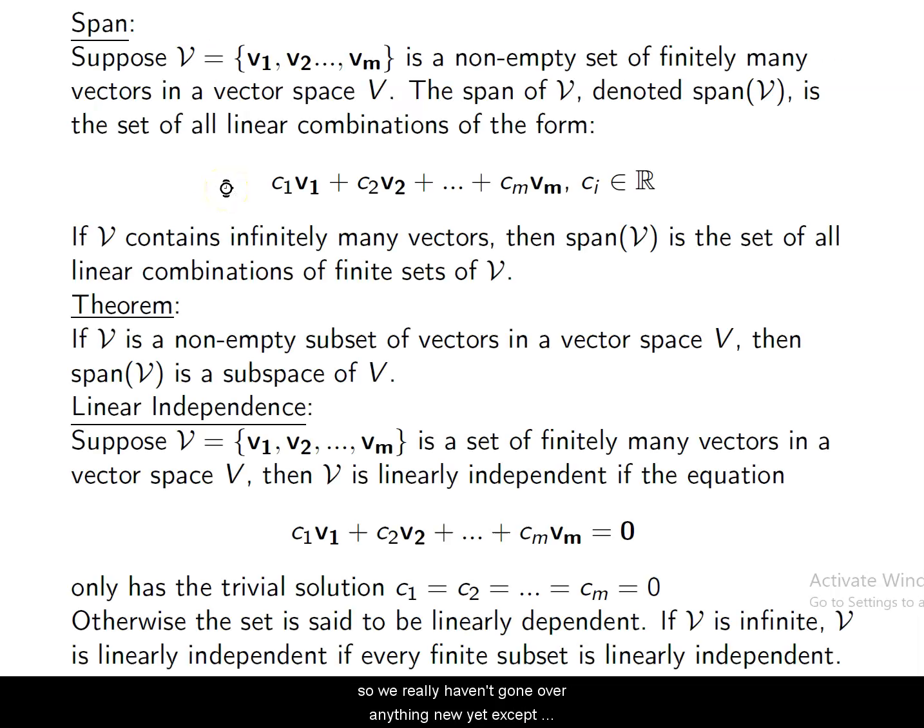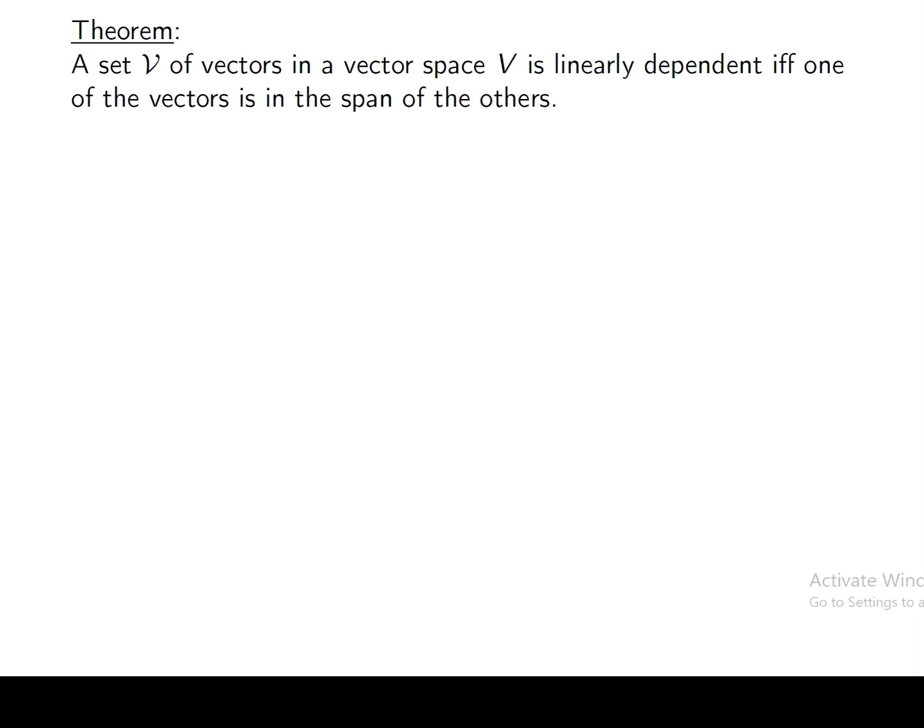So we really haven't gone over anything new yet except for this theorem here, where we're saying that the span of a subset of a vector space is a subspace. This is the only new thing here. Everything else we covered way back in 2.3 or 2.2. I think both of those actually.